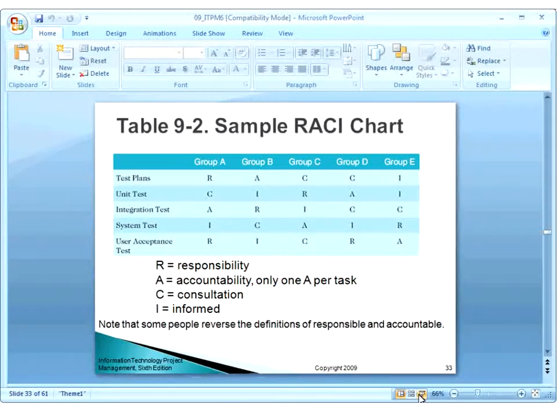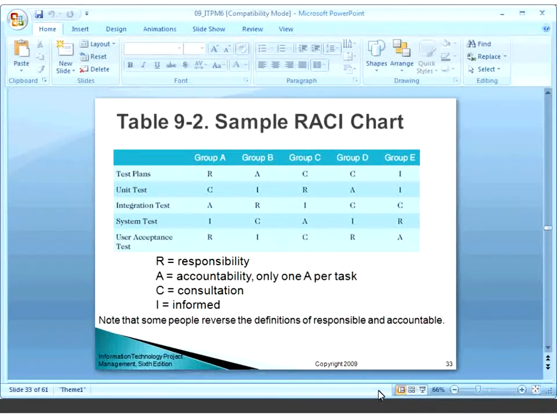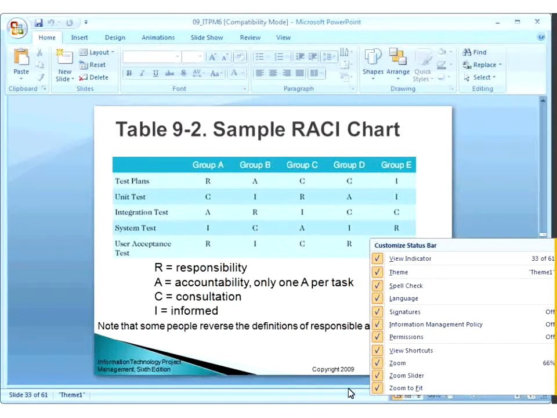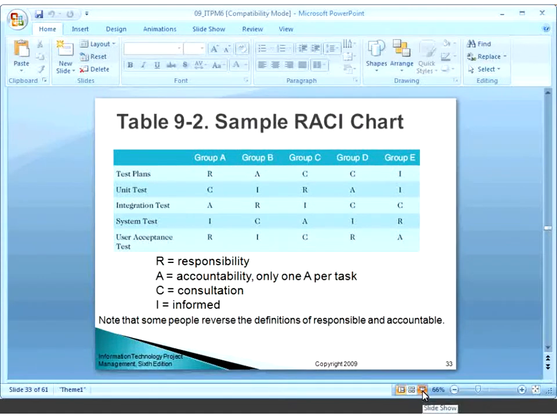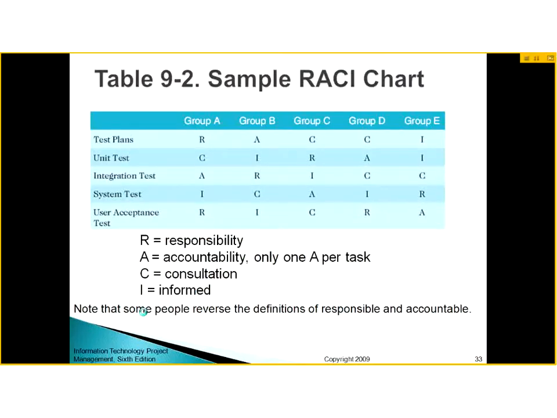Okay, now I'm going to open the reader view from here. This is a sample RACI chart, which is another type of chart which you can make to indicate this. You can make this as well, or you can make the previous one.